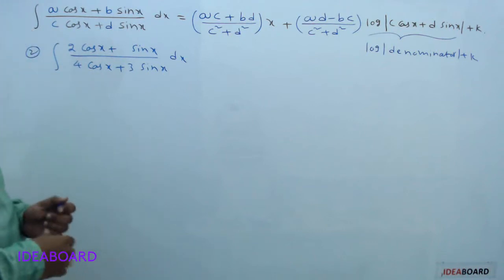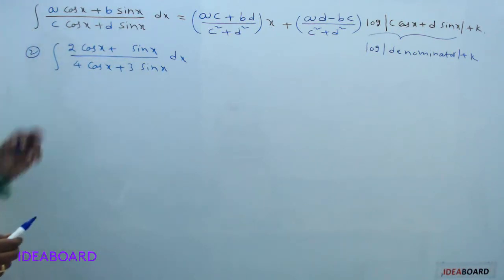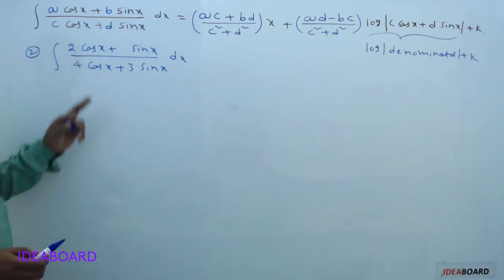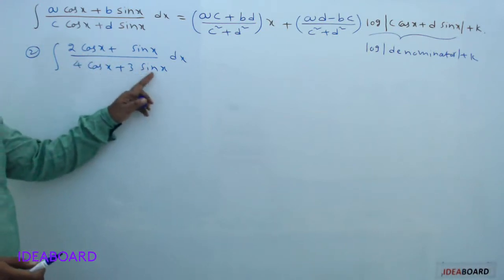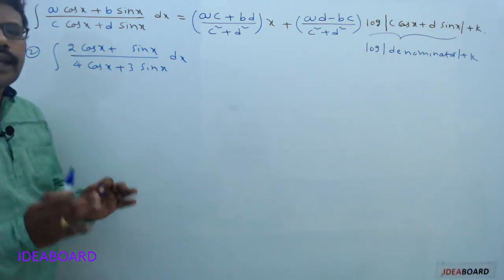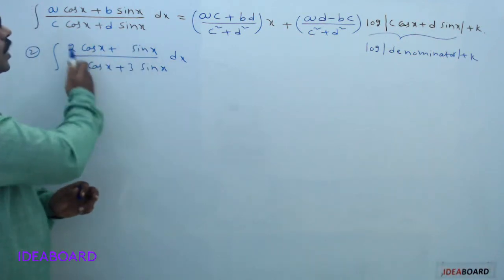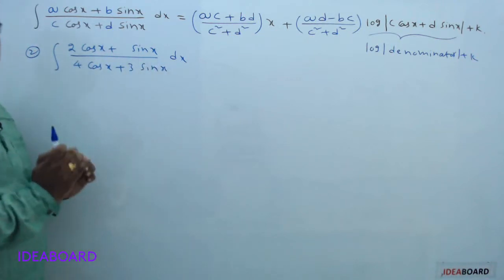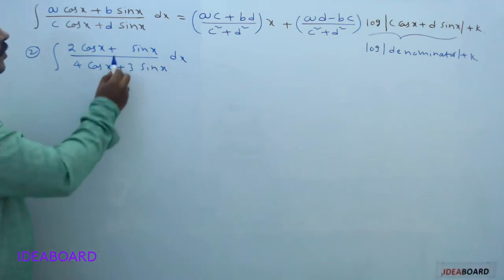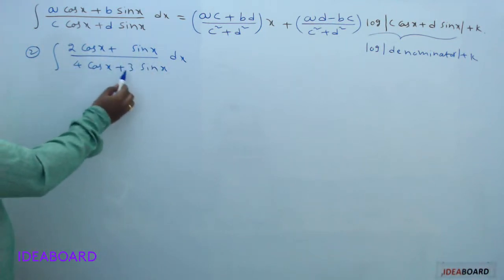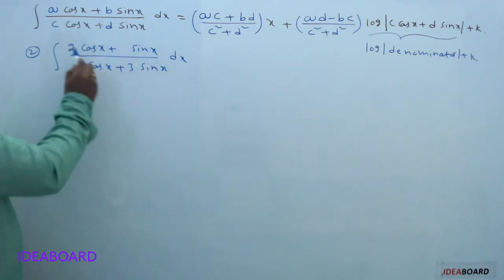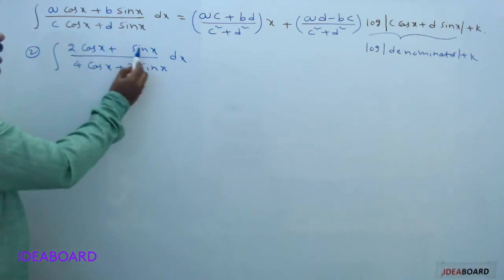Now see one more example. Integral of (2 cos x + sin x) divided by (4 cos x + 3 sin x) dx. First you have to observe the structure of the given integrand. Clearly it is in the form of a cos x plus b sin x.